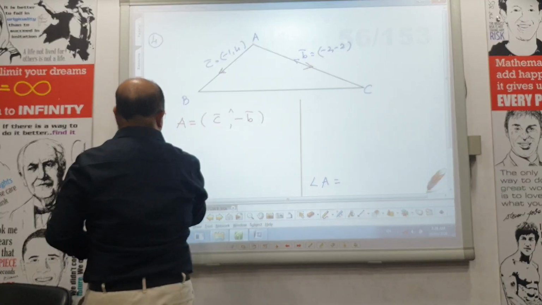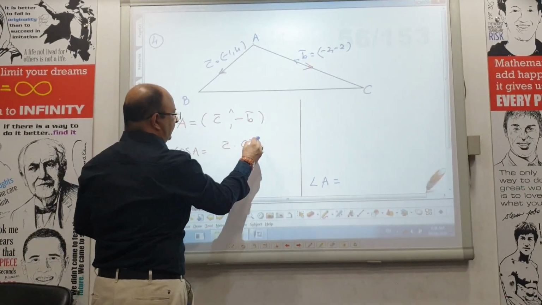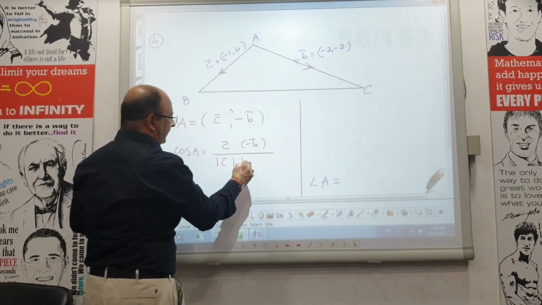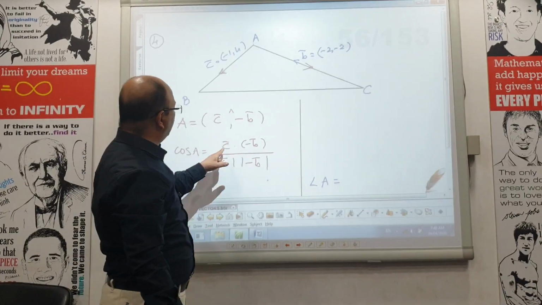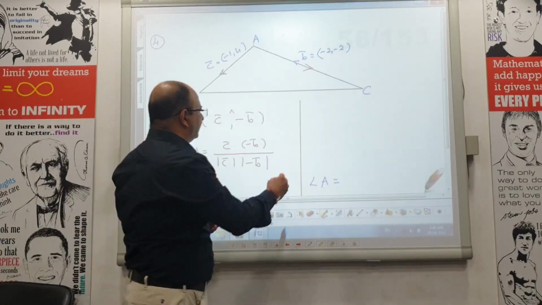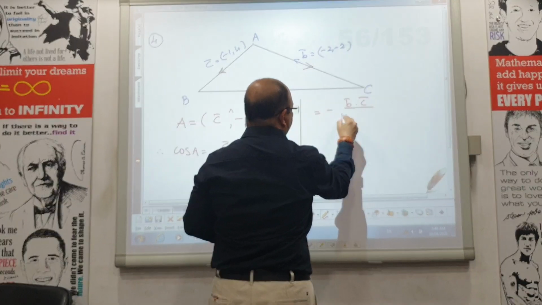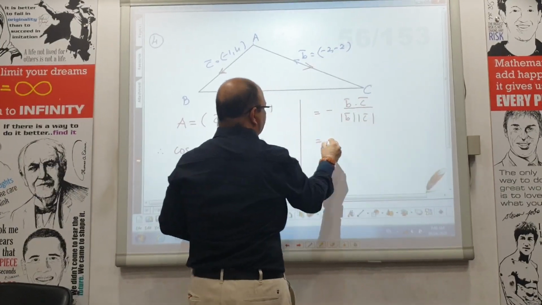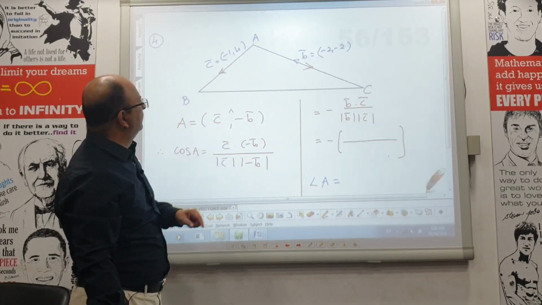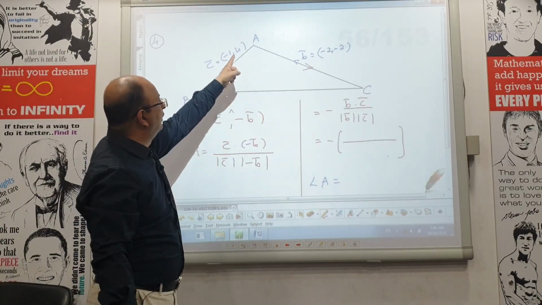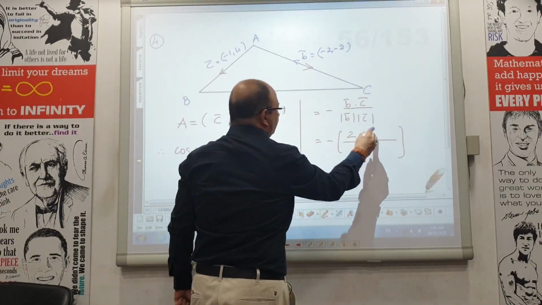What is cos A? If you can help me. Cos A is C bar dot minus B bar upon mod C bar mod of minus B bar. Let me simplify this a bit. This is minus B bar dot C bar upon mod B bar mod C bar, which gives us B bar dot C bar. Minus 1 into minus 2, that is 2.